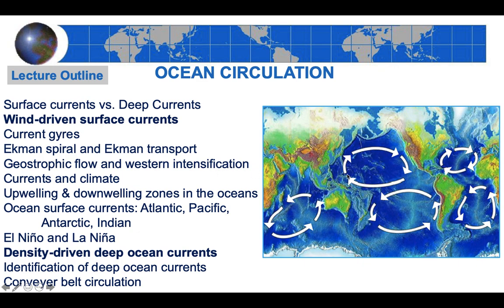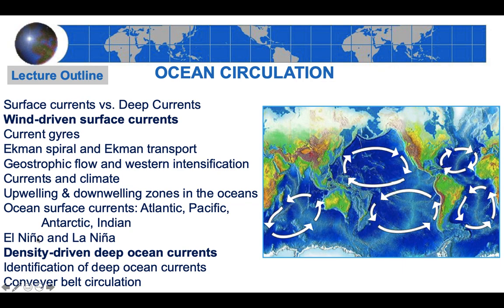So looking at the surface currents, we'll be talking about different gyres and gyre systems in different ocean systems, and there are several phenomena that affect the gyre systems, like the Ekman spiral and geostrophic flow. And we're going to be talking about also upwelling and downwelling zones and what controls these particular current systems in the oceans.